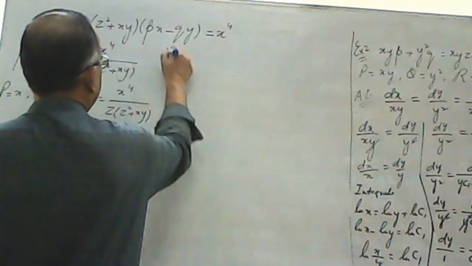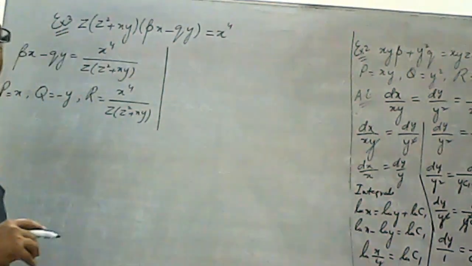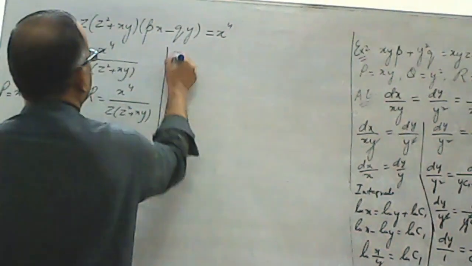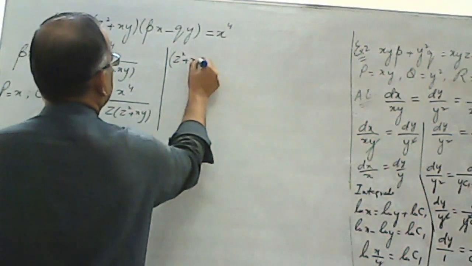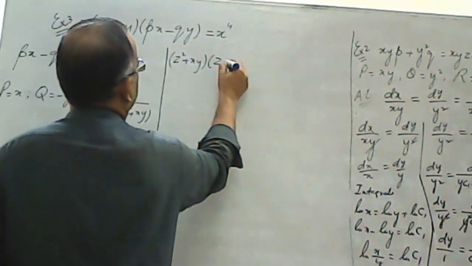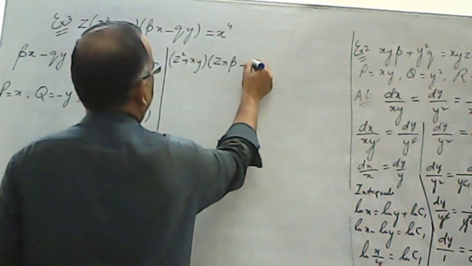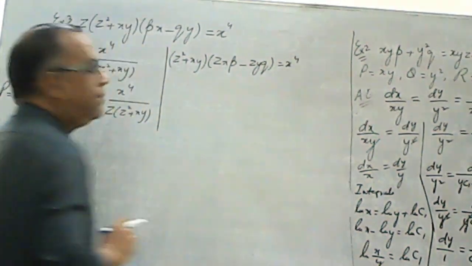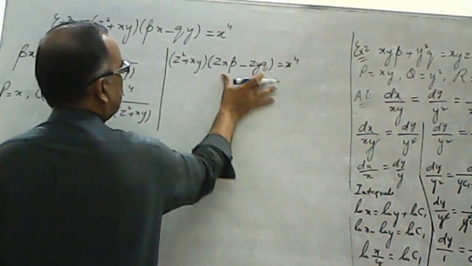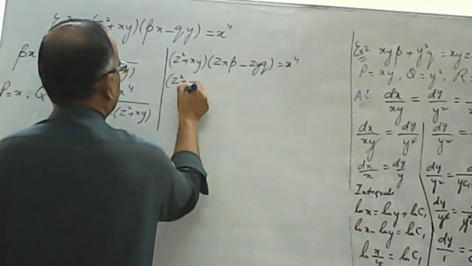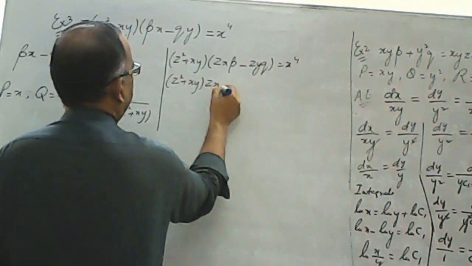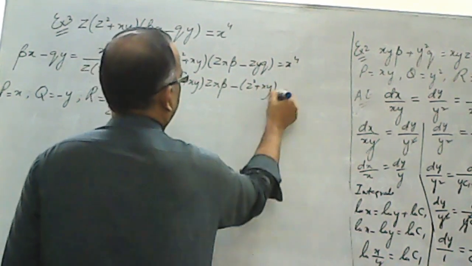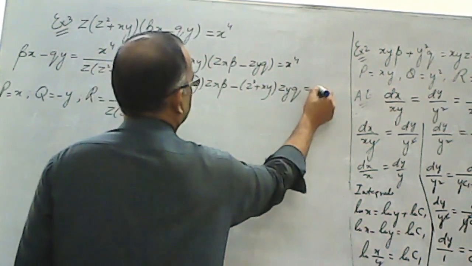The second method was this one. Move this z inside this. So this will be z square plus xy, zxp minus zyq is equal to x power 4, and then open this bracket: z square plus xy zxp minus z square plus xy zyq is equal to x power 4.